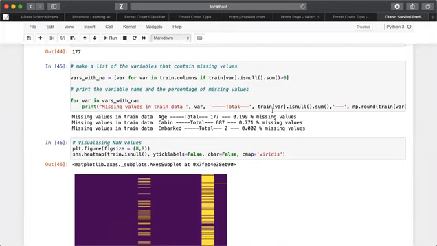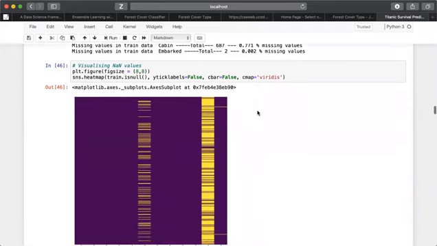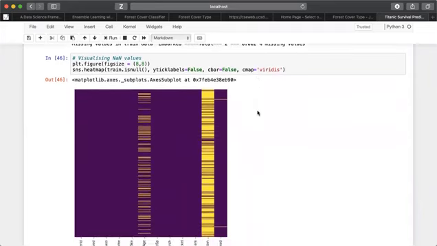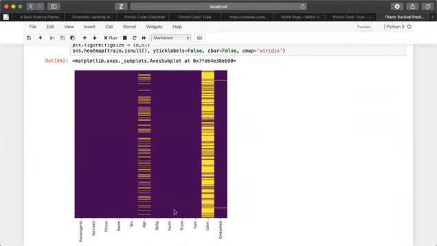So I get age, a total of 177 values missing, which is around 19.9%. For cabin, 687 values are missing, 77.1%, and embarked only 2 values are missing, which is 0.02%. And if we see visually by a heat map, we can see how the values are missing. The majority of cabin values are missing, thereafter age, and only 2 embarked values are missing.